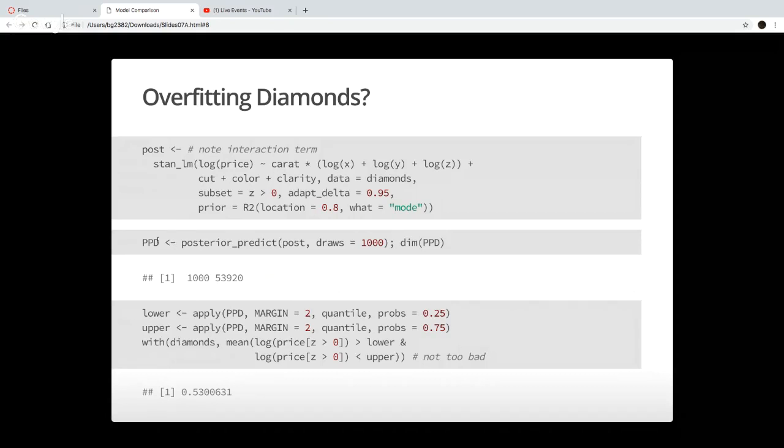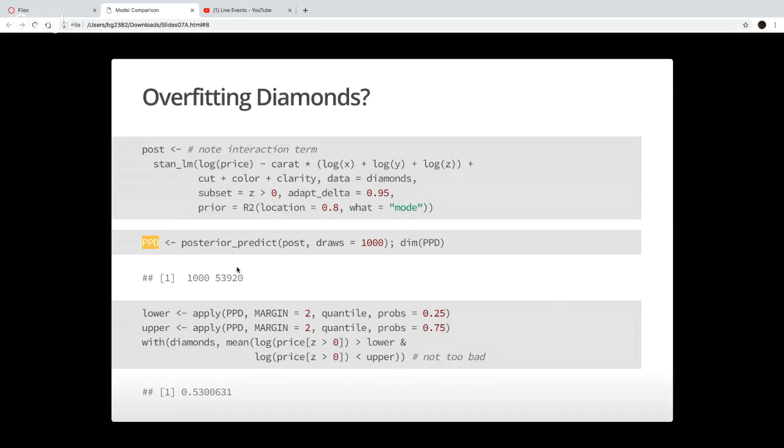And so this output, PPD, for posterior predictive distribution, is going to be an S by N matrix. And so each column is S predictions for what that outcome will be, given the carat and the size and the clarity or whatever of the diamond you're predicting. So you can think about each column as the distribution of prediction for those X's.